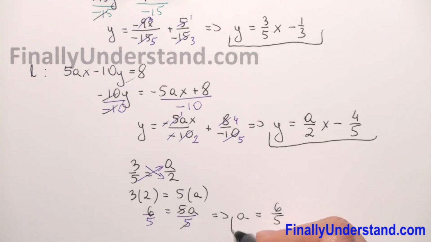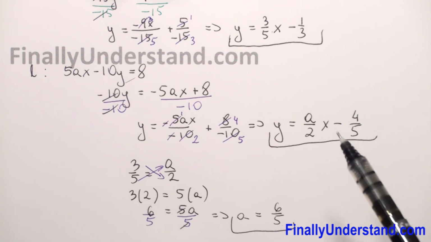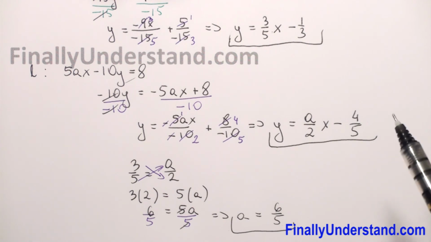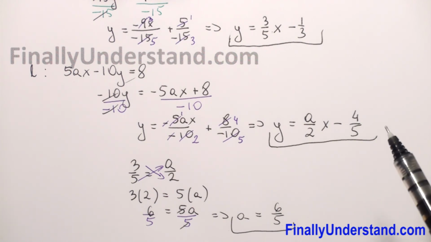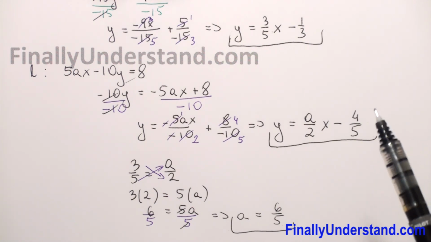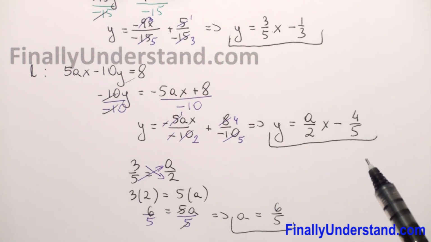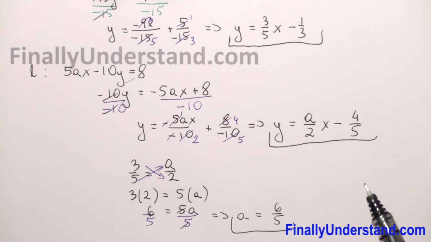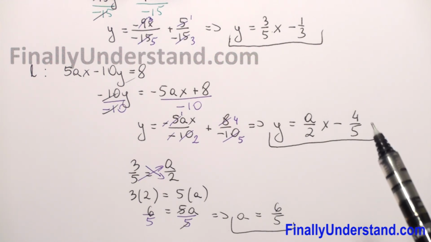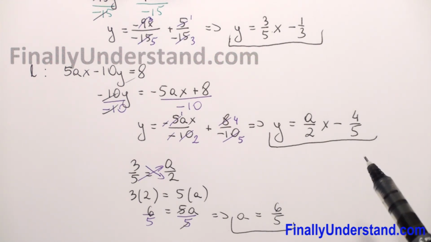So for a equals 6 over 5, our two lines will be parallel, and when they are parallel, it means that the system of equations will not have solutions, because these two lines will not touch each other.